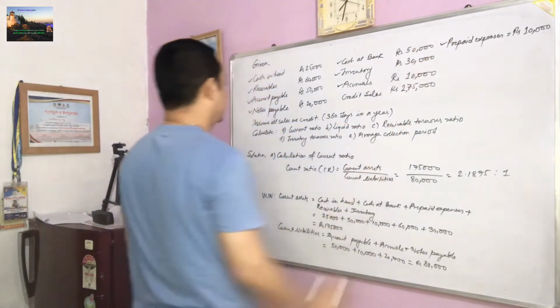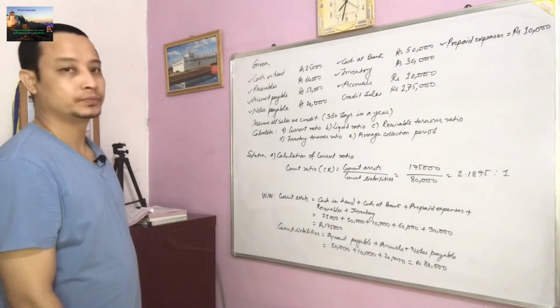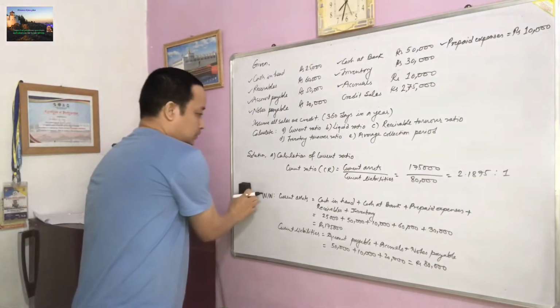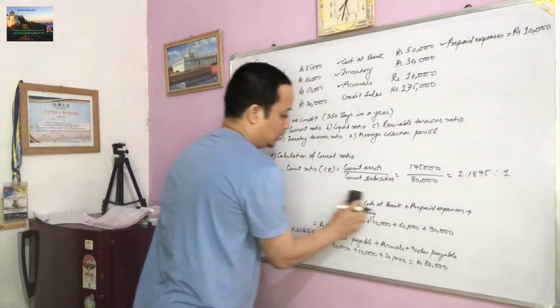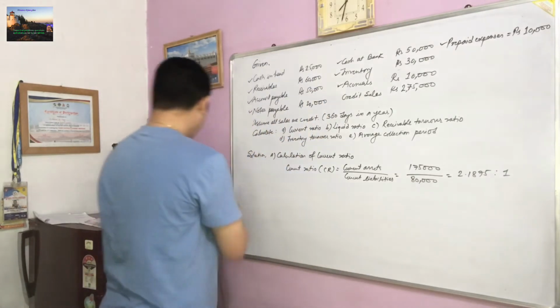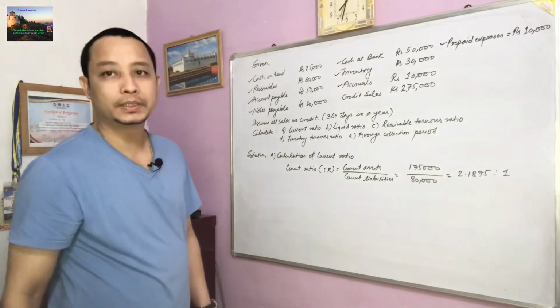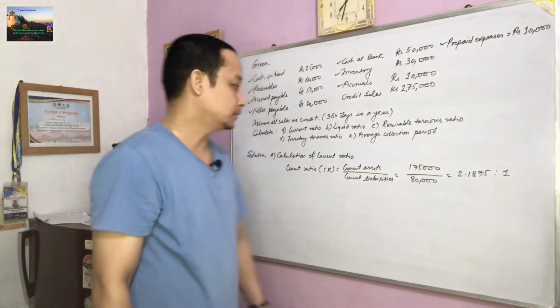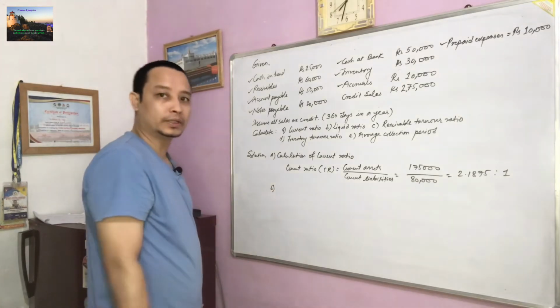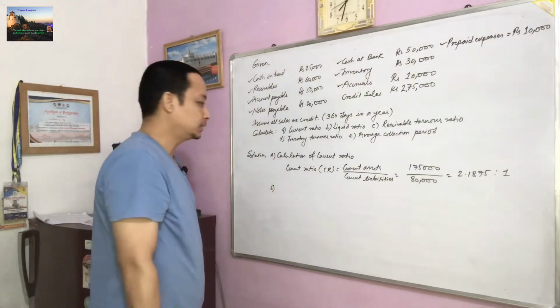Now second you have to find is liquid ratio. Okay, to find liquid ratio, now let's do again here. Liquid ratio here means it's a quick ratio. So you have to find the quick ratio. Liquid ratio, quick ratio, or acid test ratio, it means the same thing here.